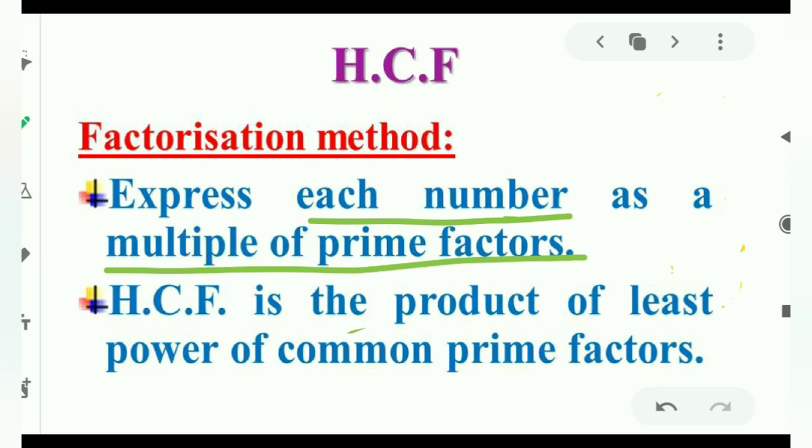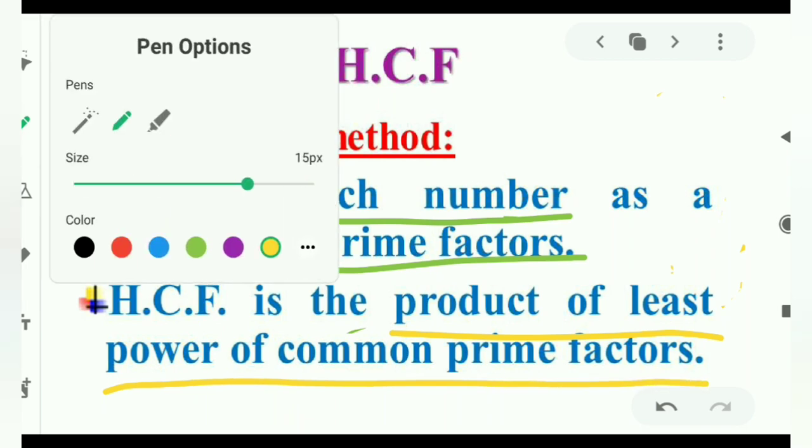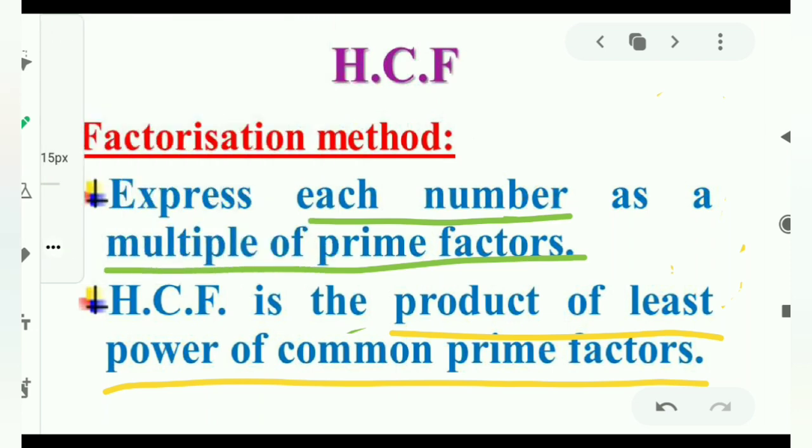We have to mention prime factors only. Next, second step, HCF is nothing but the product of the least power of common prime factors. Here we have to underline two words. What is given here? Least.